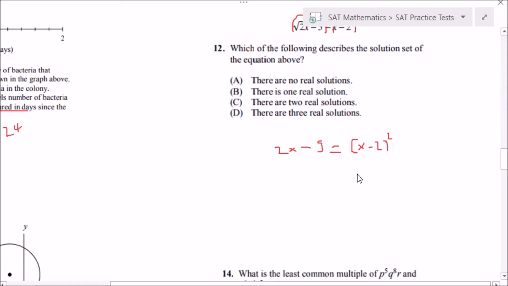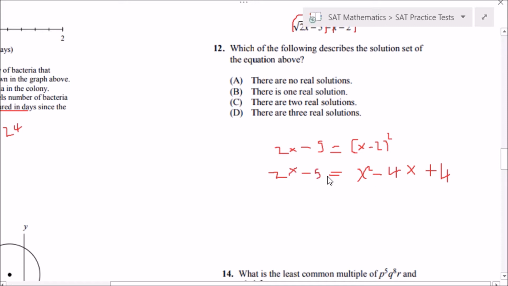And there we get x squared minus 4x plus 4. If you use the FOIL method, that's what you should get, is equal to 2x minus 5.